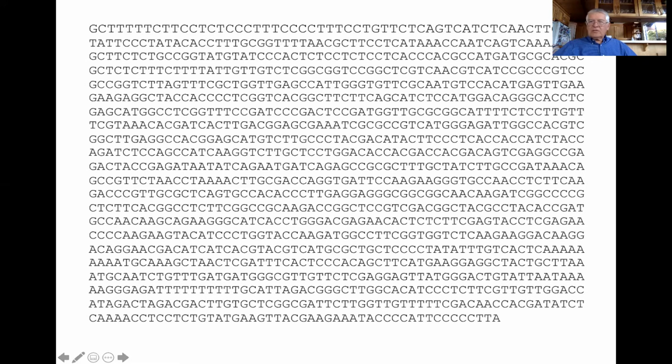So I'm showing you here the coding sequence for a real gene. What you see is a representation of what the base pairs, the rungs on the ladder of DNA, are for this particular piece of DNA, and it's reading just one strand of the double helix.